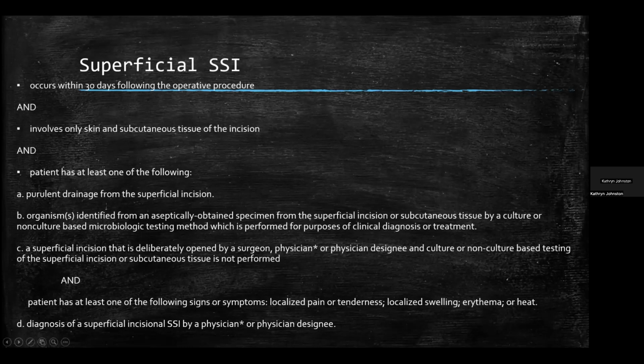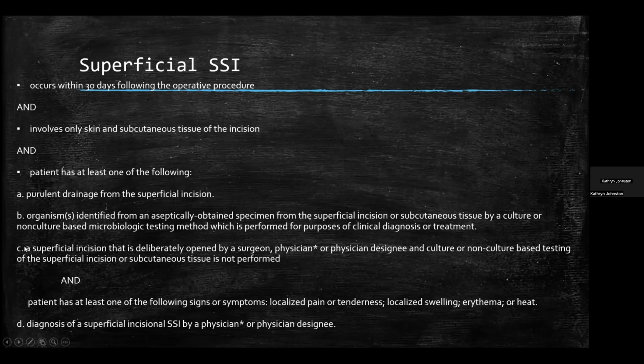So for superficial surgical site infections, I said it has to occur within 30 days of the operative procedure. It can only involve the skin and subcutaneous tissue of the incision, and the patient has to have at least one of the following. They have to have purulent drainage, or they have to have an organism that is cultured.